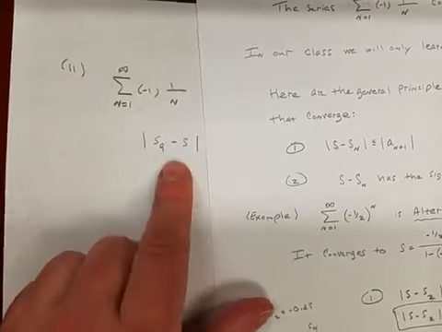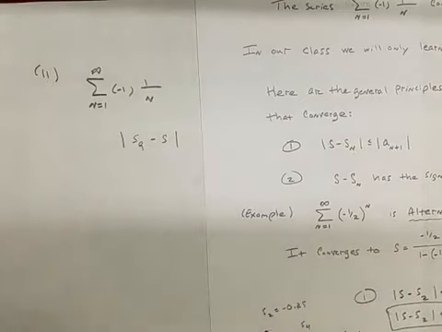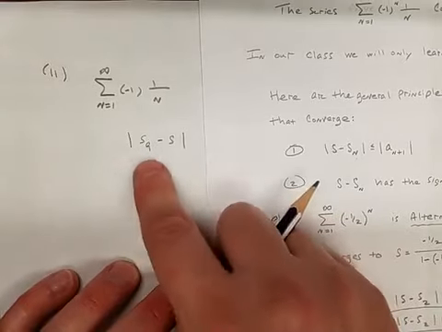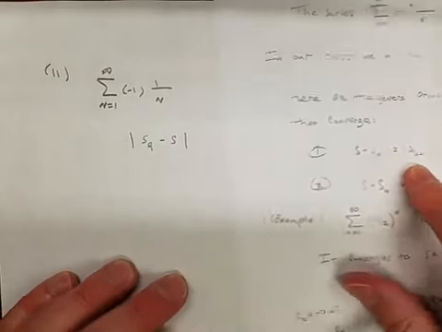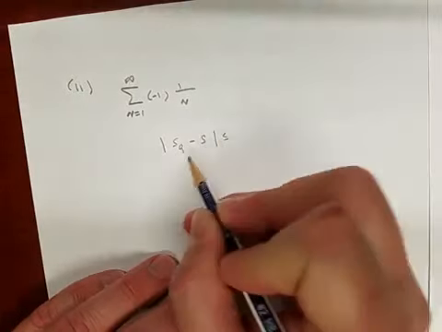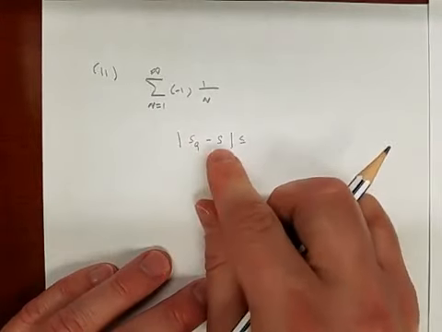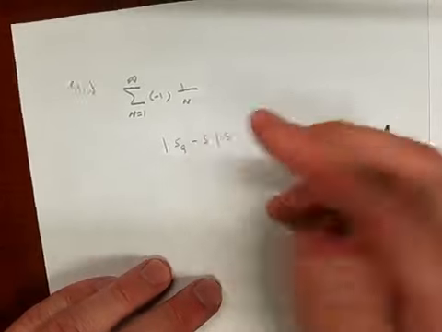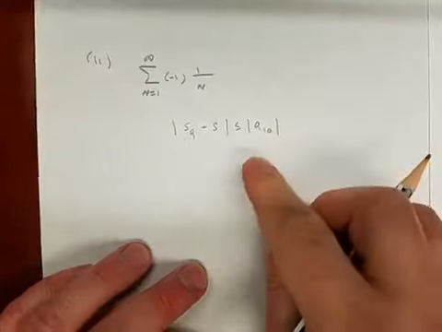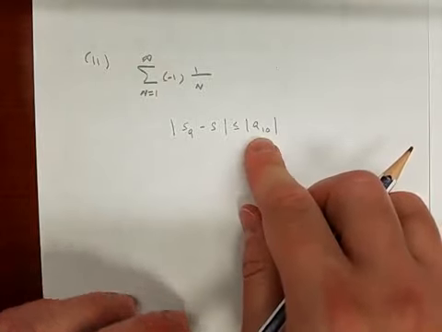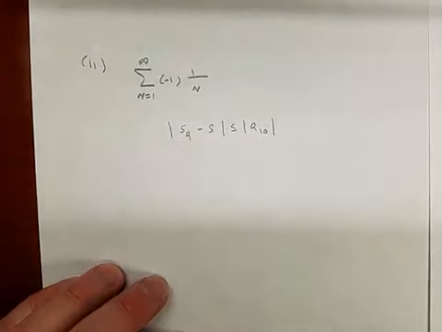I realize I wrote it backwards there, but if you're taking the absolute value of it, the order you subtract doesn't matter. But the difference between these will just be less than the first term that you don't use. So I guarantee that the difference between the sum of the first 9 terms and the sum forever is just going to be less than the absolute value of the 10th term, because the 10th term is the next term you left off when you calculate the sum of the first 9 terms.